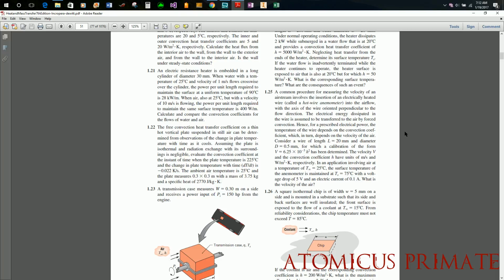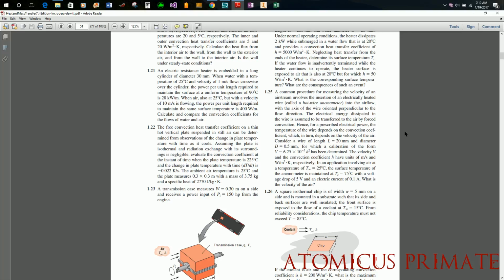Consider a wire of length L equals 20 millimeters and a diameter D equals 0.5 millimeters, for which a calibration of the form V equals 6.25 times 10 to the -5th h squared has been determined. The velocity V and the convection coefficient h have units of meters per second and watts per meter squared Kelvin, respectively.